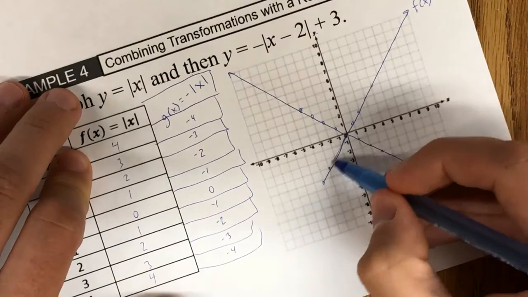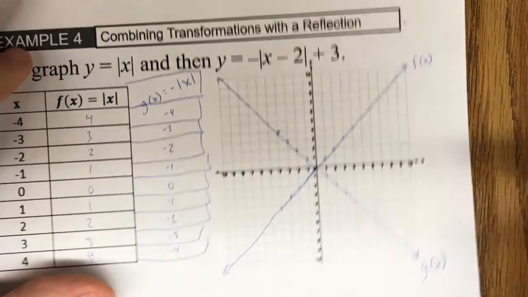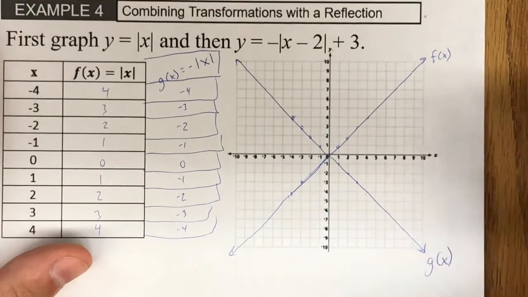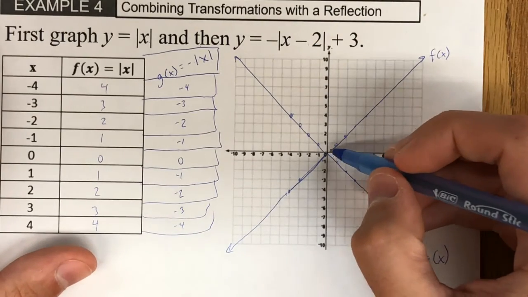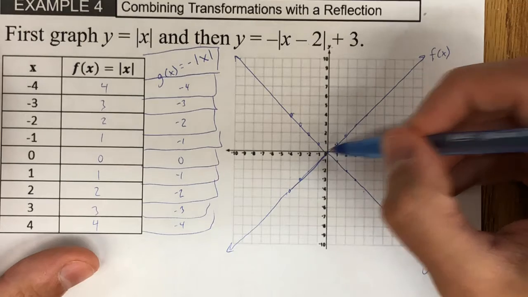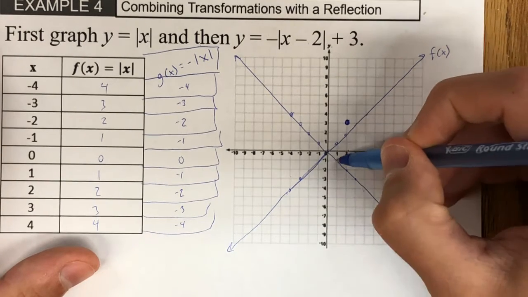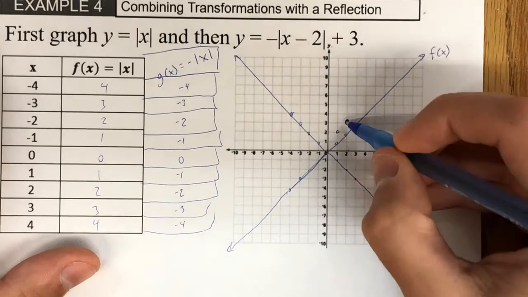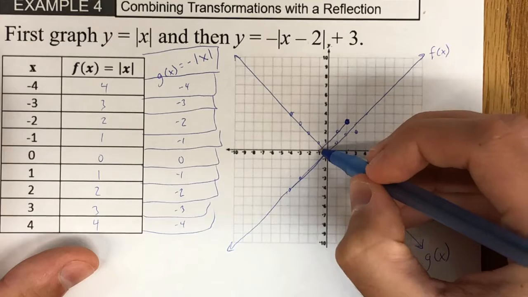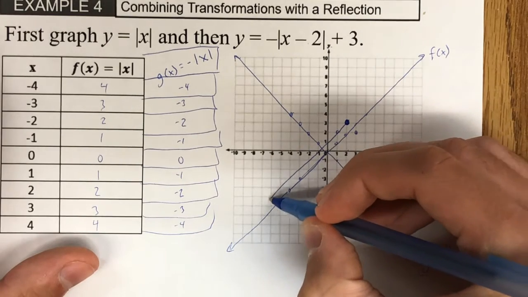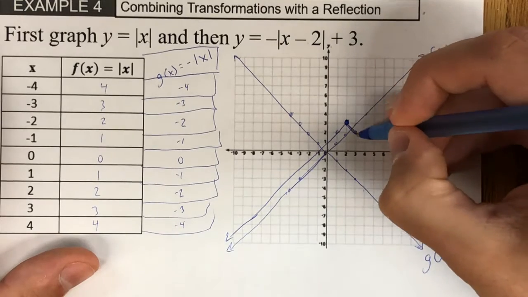So when we're graphing here, we'll call that our g of x, so negative. From there, we have a shift to the right 2 and up 3, so then you would take every point and shift it to the right 2 and up 3. It's going to look more so like this.